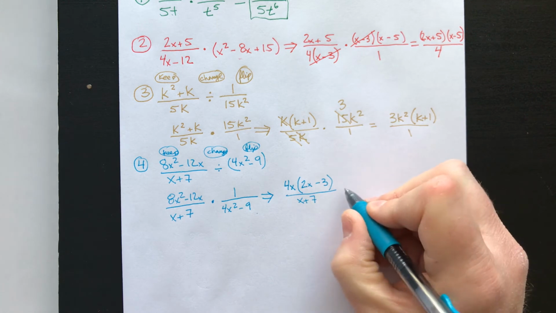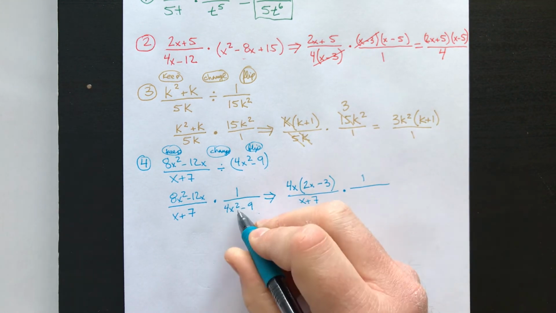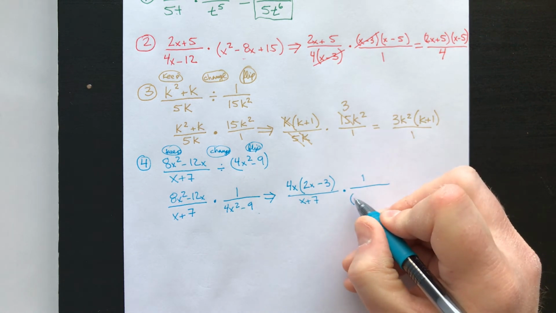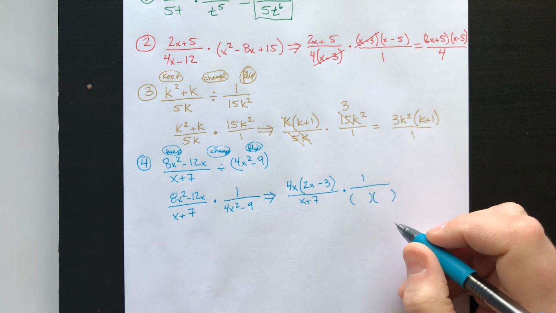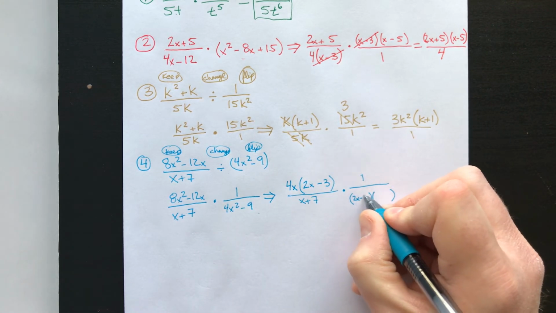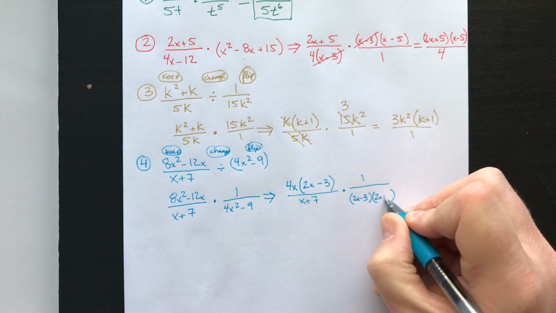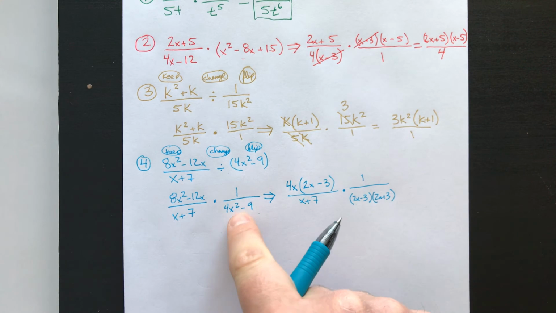And then, remember our special case here, difference of two squares. So this is going to be 2x minus 3, 2x plus 3. And if you do the FOIL on that, you'll get this.